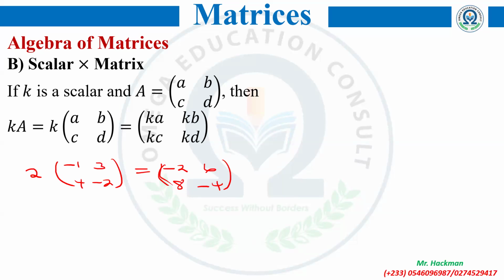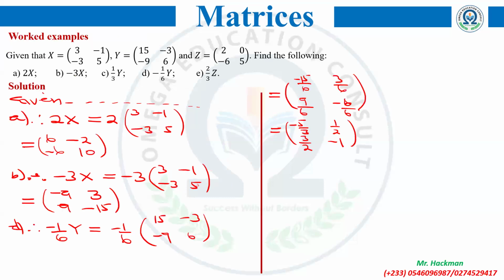Yes, please. Okay, so we are going to do more. Don't worry. We have more examples here. So that was just an illustrative example. Okay, so let's see. Given that X is equal to the matrix X, the matrix Y, and the matrix Z with their corresponding entries, find the following. A, 2X, so 2 times the matrix X. B, so you can see the questions. So now, what do we do? We extract.